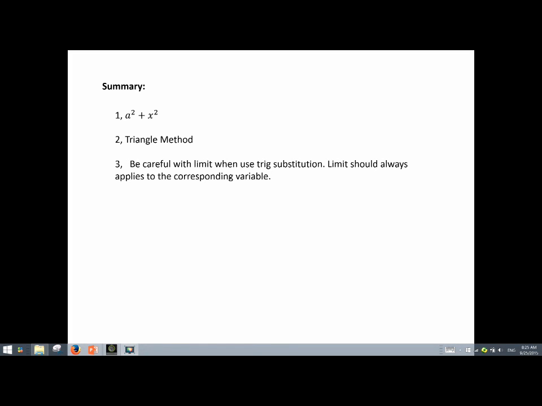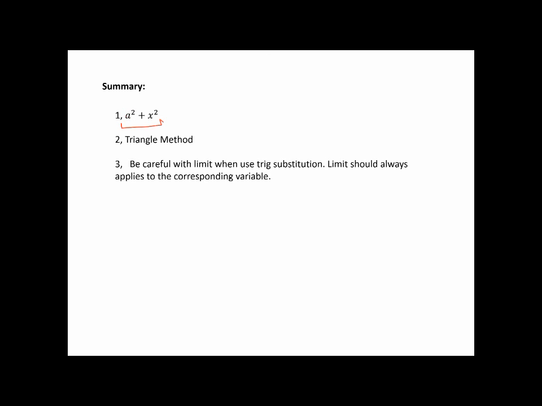Again, a brief summary for this part. The format we are looking for is a squared plus x squared: a constant plus something with x squared. It can be a single x here or a squared plus, for example, 4x squared. It also works. I just set 2x equals my a tangent theta. That's fine, and then solve for x.